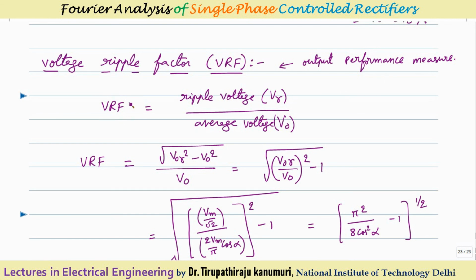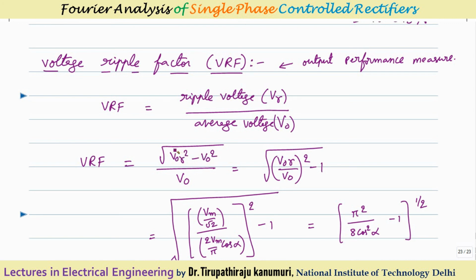Again, the voltage ripple factor is the ratio of ripple voltage divided by average voltage. So what is the ripple voltage? Similar to the current, it is the total RMS value square minus the fundamental component square. In the case of the output side of your converter, ideally the output voltage should be DC.